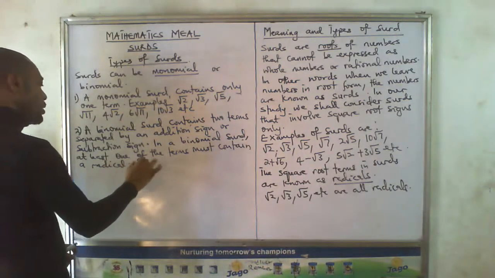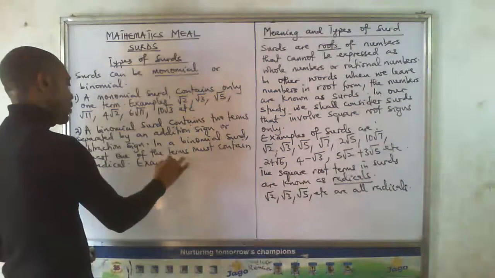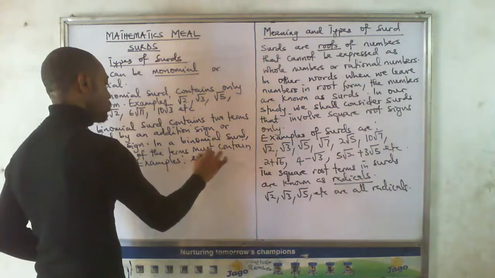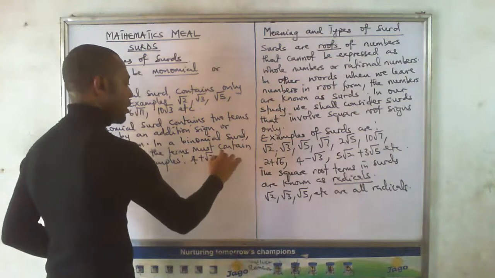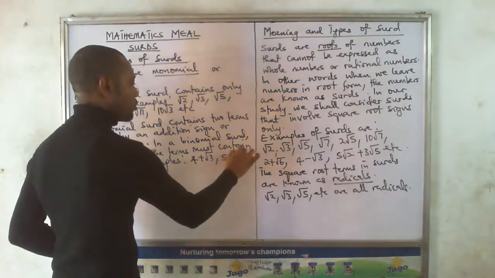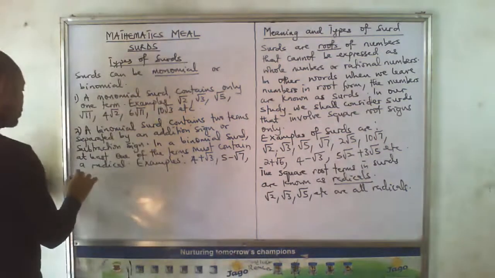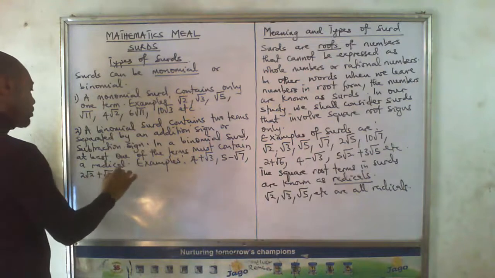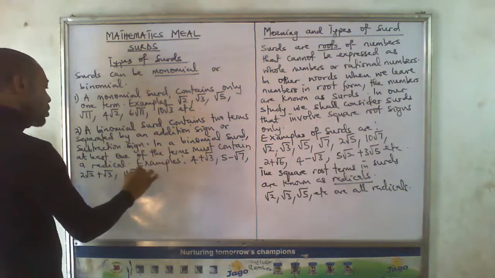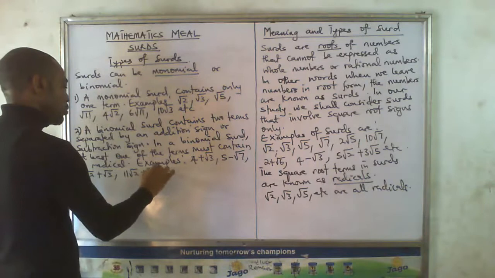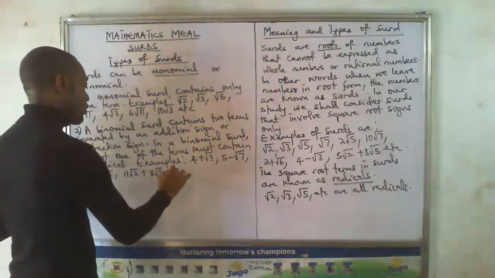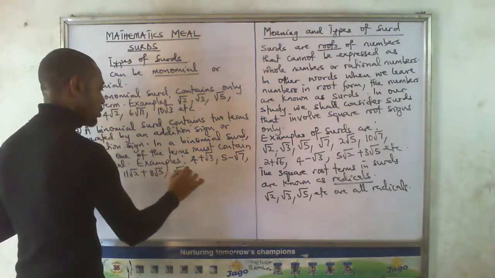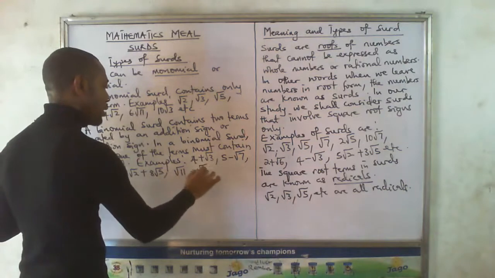So examples of binomial surd can have 4 plus root 3, 5 minus root 7, can also have 2 root 2 plus root 3, 11 root 2 plus 8 root 5, can also have root 11 minus root 3.